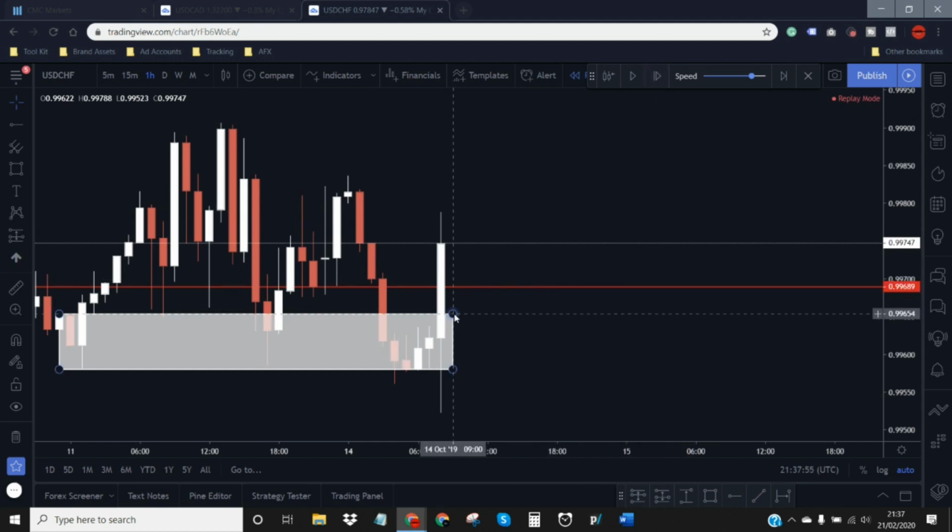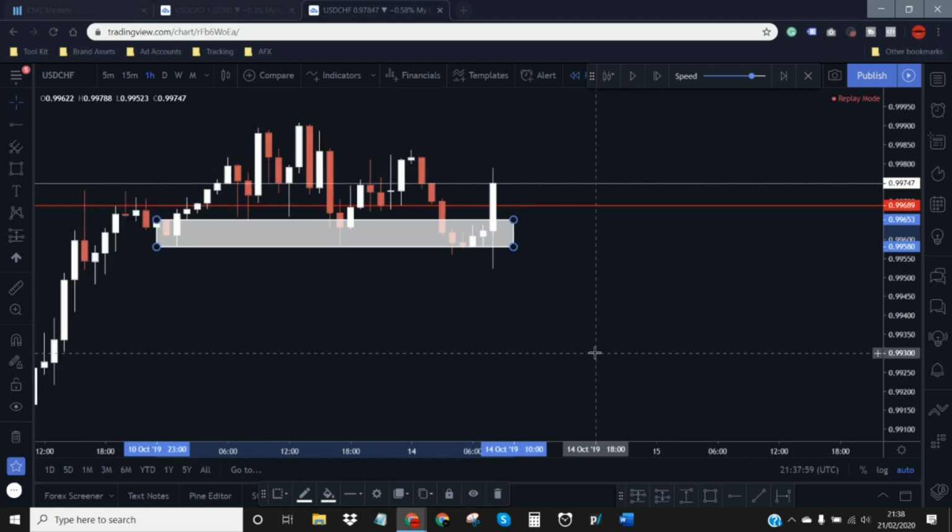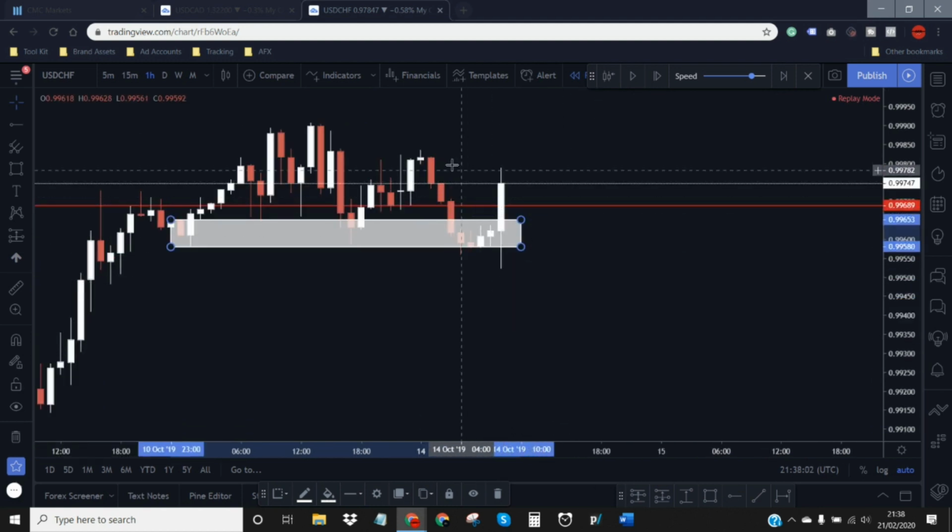Okay, so now we have our nice strong break. Now this is a little bit different. There isn't really an origin of a move over here. We've got the birth, which is very clear, because this is where it began. It moved into the event break area, moved back out, and then broke.